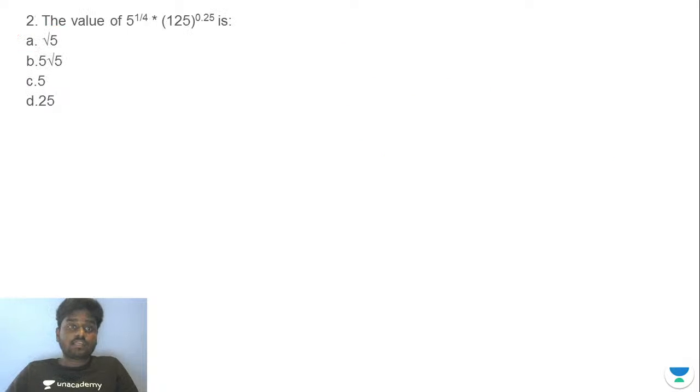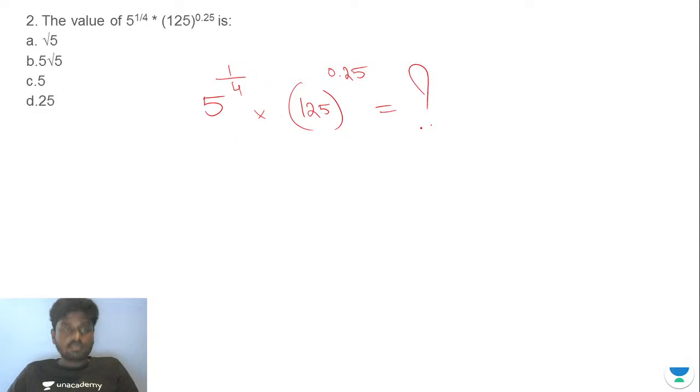Second question: the value of 5 power 1 by 3 into 125 power 0.25 is? What is the answer? What is the option for the second one?